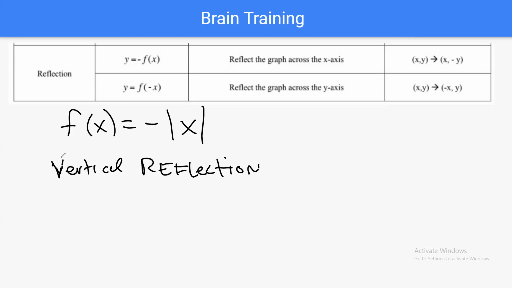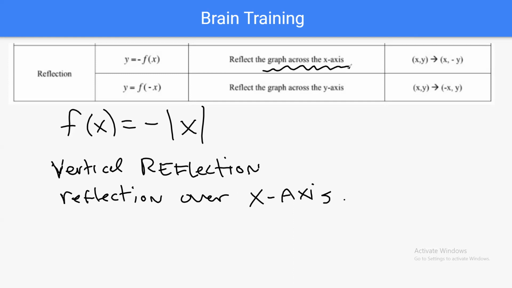That means it's going to be a reflection over my x-axis. Okay? Across my x-axis or over my x-axis. And if it's a reflection over our x-axis, all we're doing is just multiplying by a negative to my y value. Okay? Because if it's vertical, it affects my y value.